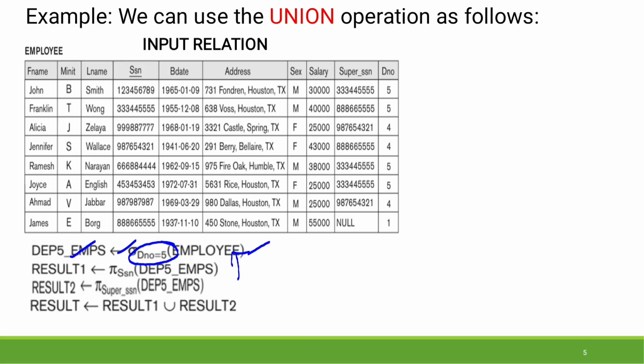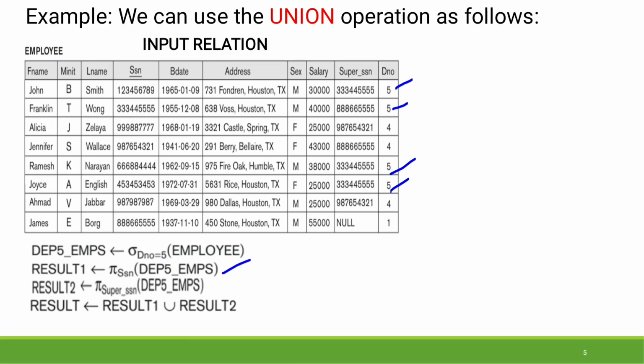So that DEP5 underscore EMPS intermediate relation will have only these 4 rows, because in employee input relation, only those 4 rows belong to employees having department number 5.